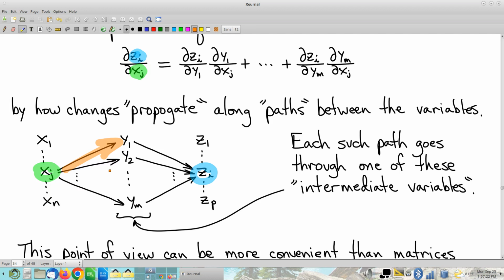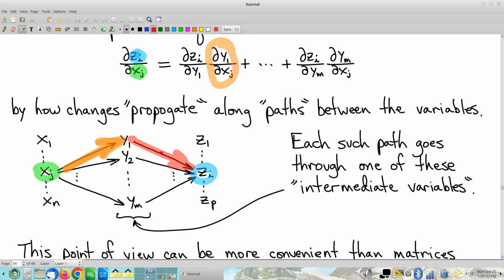So notice this factor right here corresponds to the factor of how much the change magnifies as it propagates along that arrow. Okay, and then what happens to it? The next thing that happens, however much y1 changes, that's going to cause a change in zi.